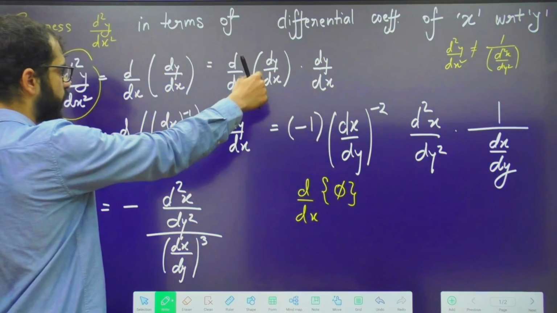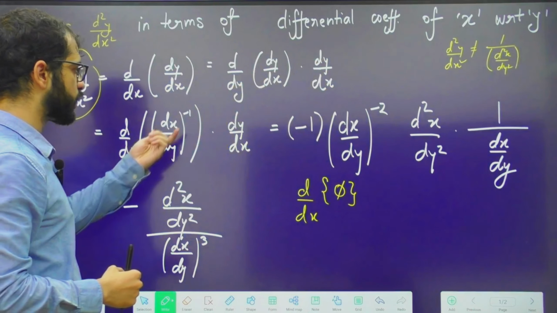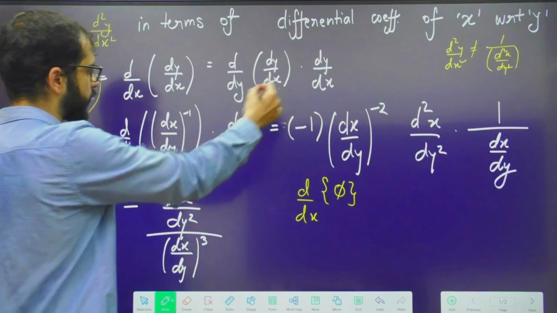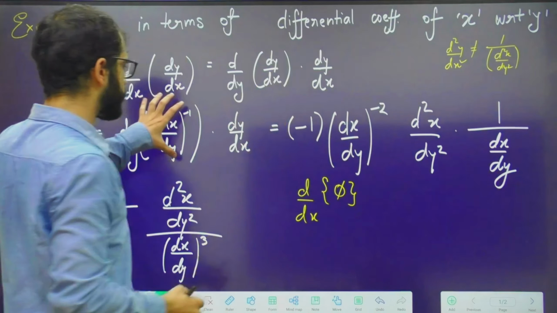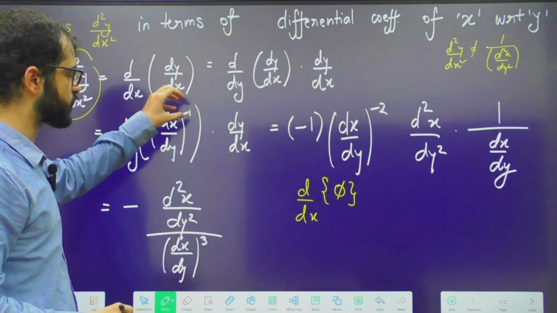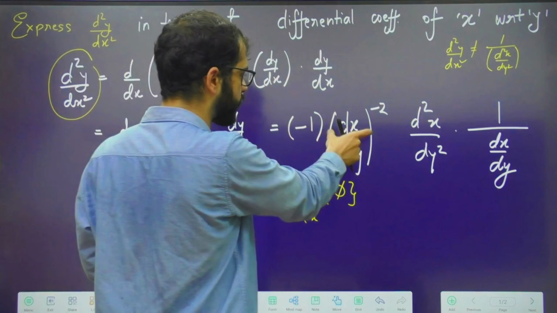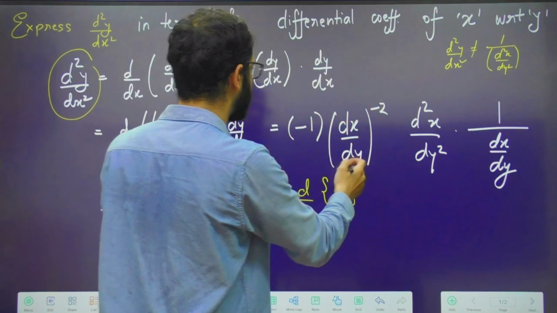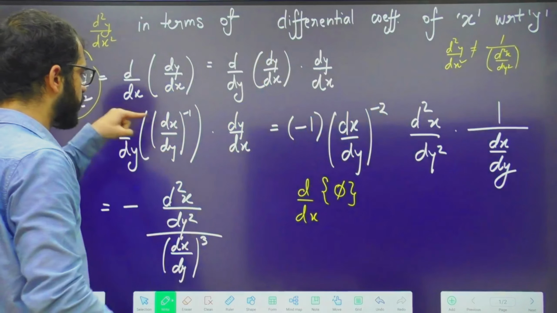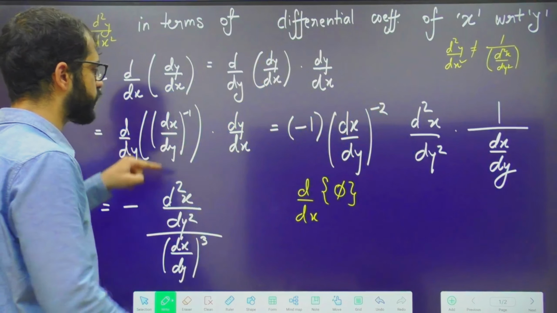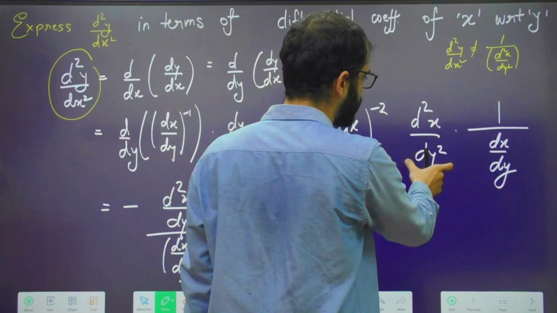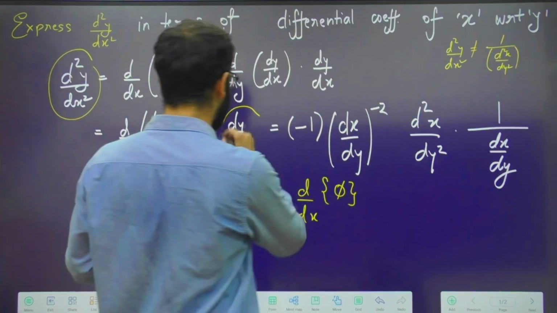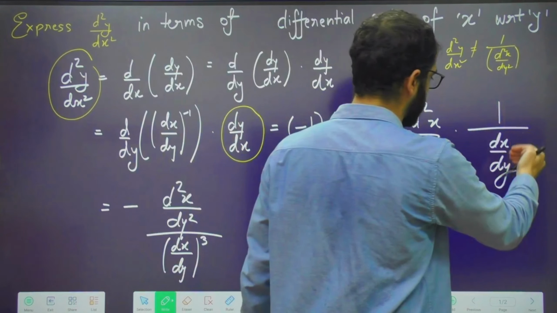Now, dy upon dx can be written as dx upon dy to the power minus 1, which we have discussed in the previous videos. And over here I have dy by dx. If I differentiate this, that is x to the power minus 1, what do I get? Minus 1 into x to the power minus 2. Over here, the variable is dx upon dy multiplied with, as the chain rule says, I have to differentiate dx by dy with respect to y. So I get d2x upon dy square. Now this is what I get from this term. dy by dx can be written as 1 upon dx by dy.